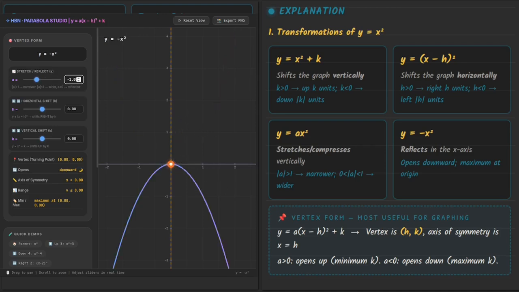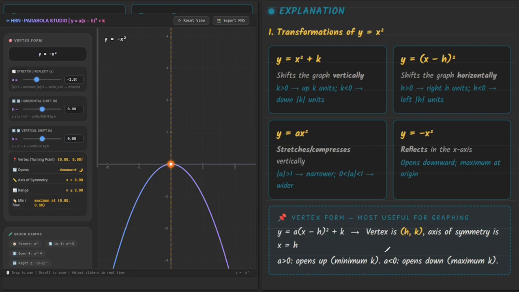So that is that. And then we are also saying that the vertex form is the most useful form when it comes to graphing quadratic functions, because you can easily tell what the center is. That is just by looking at your h and your k, you can tell what the center is.